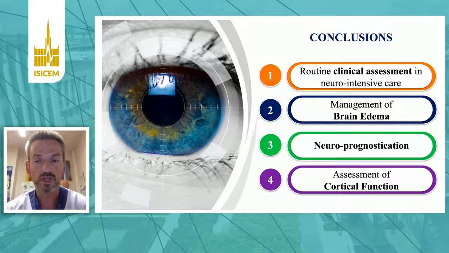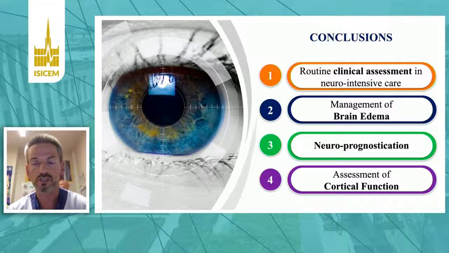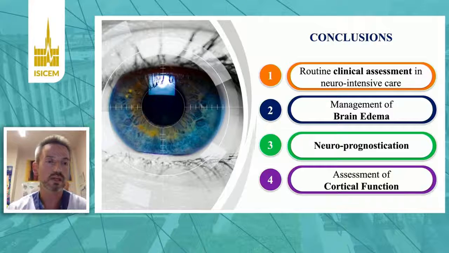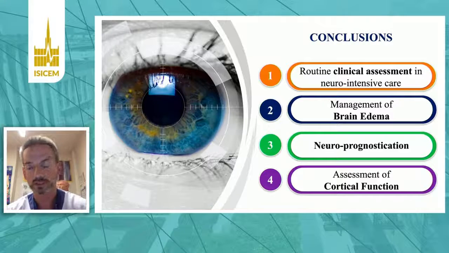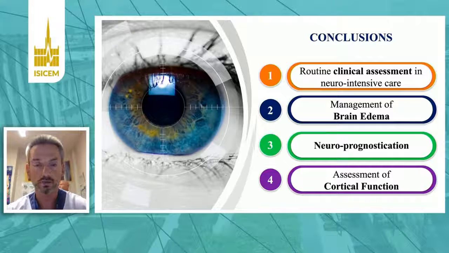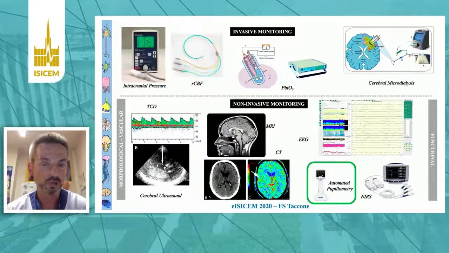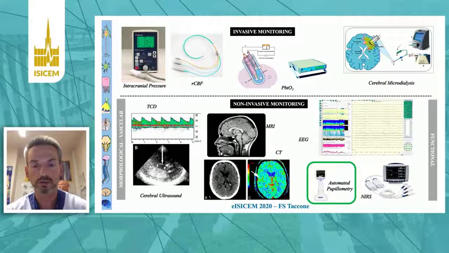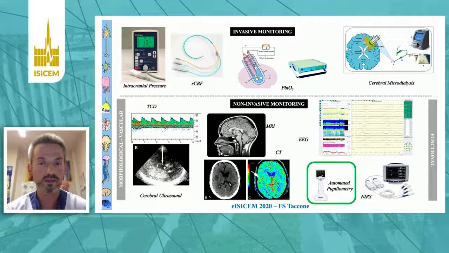And fourth, there are some initial studies suggesting a role for pupillometry to assess cortical function, either predicting delirium or being associated with an unreactive EEG. So the future will be to implement, of course, automated pupillometry in the large number of neuromonitoring, invasive and non-invasive tools to better understand brain physiology and function after an acute brain injury.